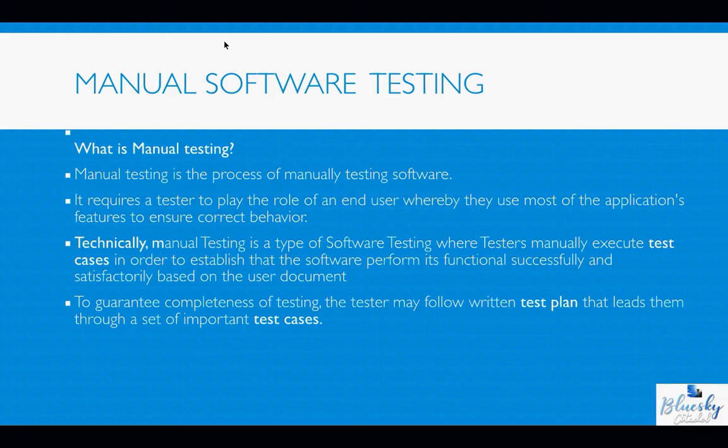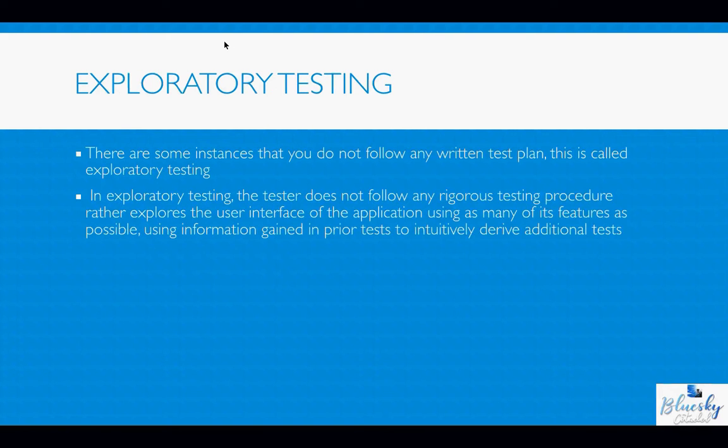Like I said in the previous slide, in most cases you have a test plan, which is a structured way to do your testing. But in other cases you may not have a written plan. If you don't have a written plan to follow, what you are actually going to be doing is called exploratory testing.